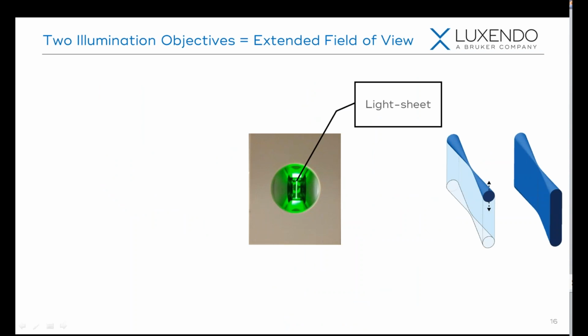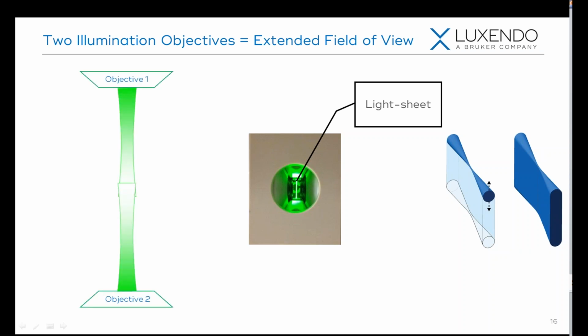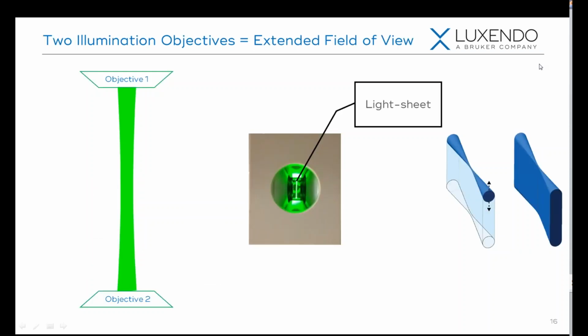Because the smaller the beam waist of the Gaussian beam is, the shorter the distance that it is quote unquote sheety, in order to get the largest distance possible we're going to offset the beam waist coming from each objective and integrate these together, allowing us to create the longest, sheetiest light sheet that we can for the best optical resolution.